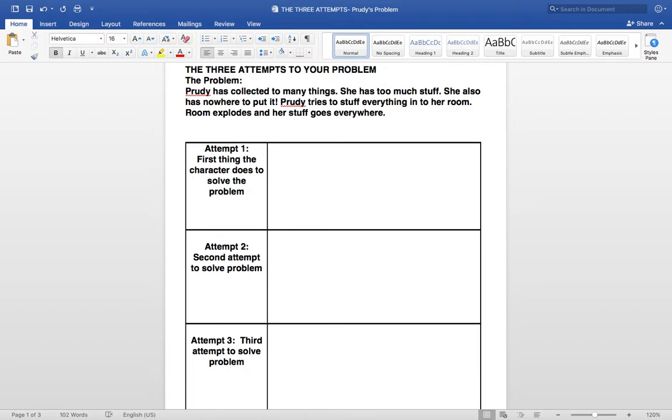So now that we have the problem, we are going to map out the attempts that Prudy took to fix this problem. So her problem is she has too much stuff everywhere, her room explodes, and her stuff goes everywhere.